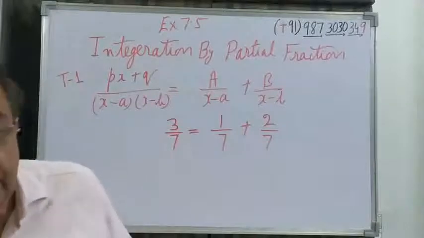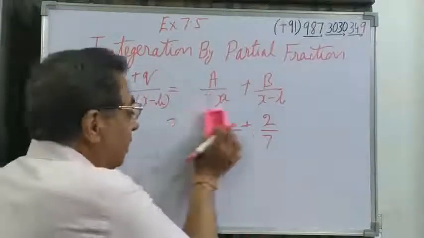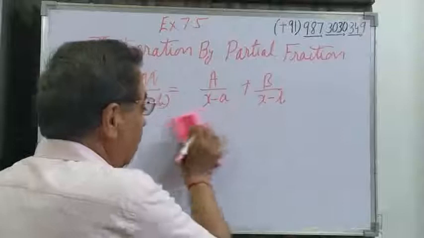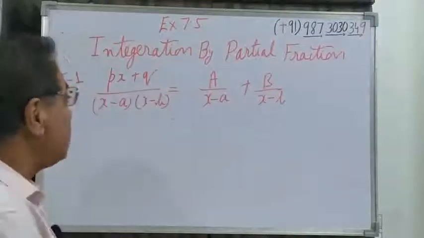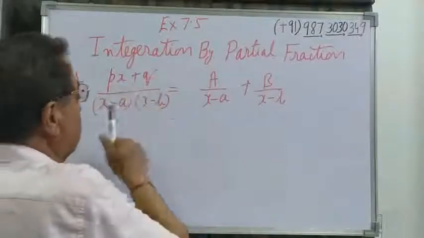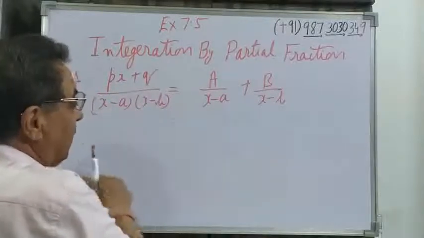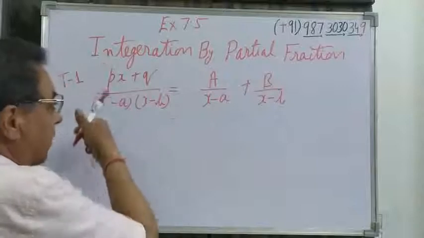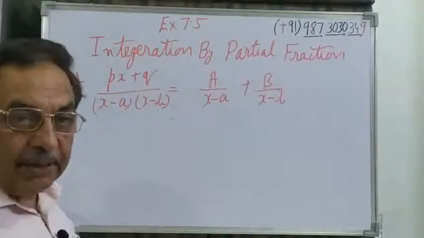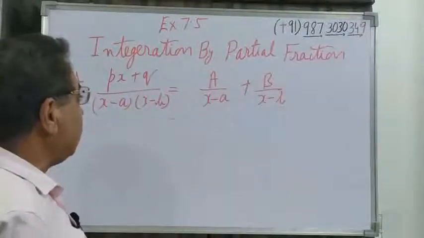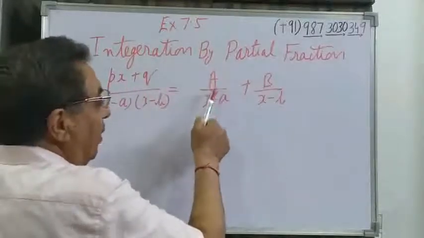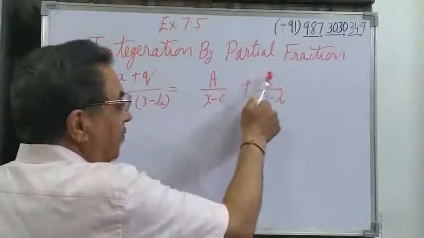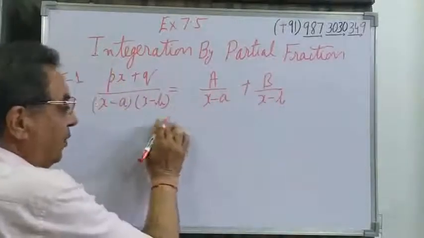So when is it used in integration? In integration, when we get some complicated fraction, suppose there are px plus q over x minus a, x minus b. Now we are supposed to integrate this type of fraction. So what we do is write it as a upon x minus a plus b upon x minus b.